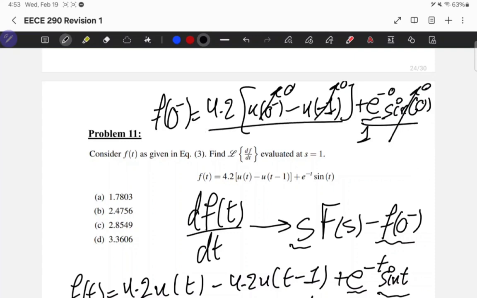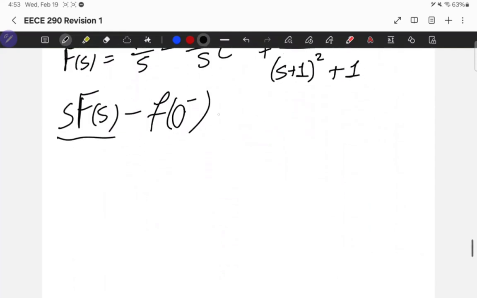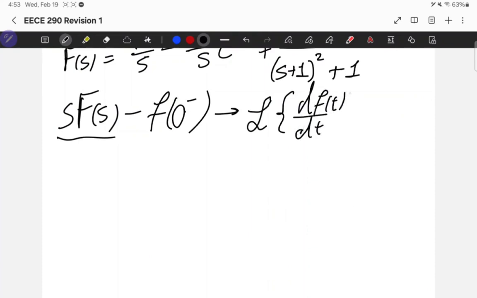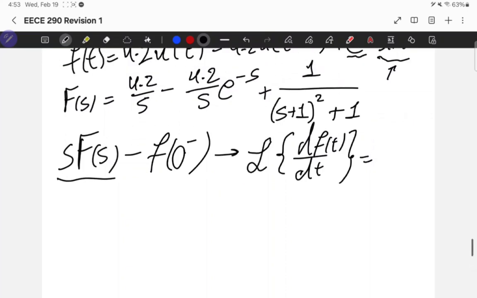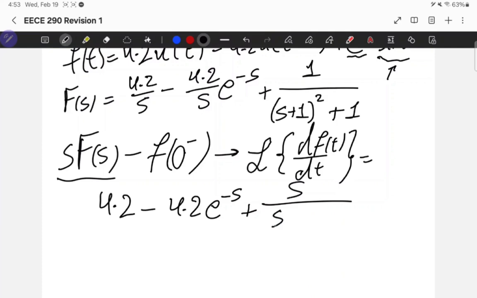So f at 0 minus is equal to 0 altogether. So the Laplace transform of df of t by dt is equal to F of s multiplied by s, so 4.2 minus 4.2 exponential minus s plus s over (s plus 1) squared plus 1.